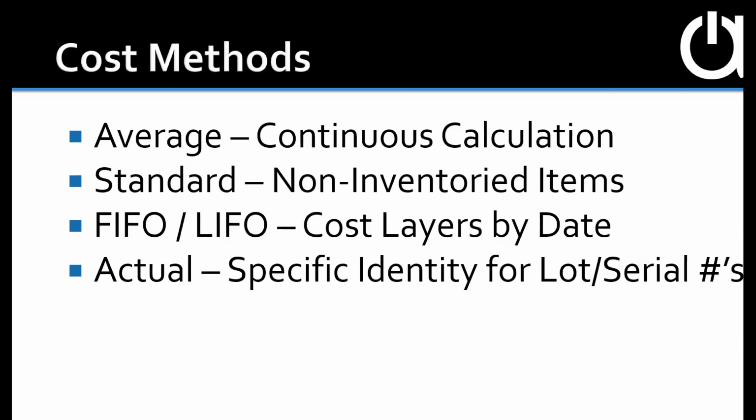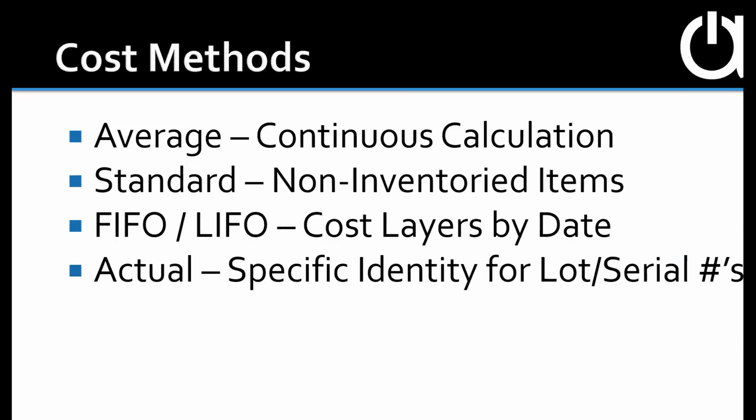So now we're going to get into some of the different cost methodologies that you can do in Acctivate. People in QuickBooks, you're using one of two. You're either using average weighted cost or FIFO. FIFO is if you have QuickBooks Enterprise Solutions with advanced inventory turned on, with FIFO turned on inside of that.